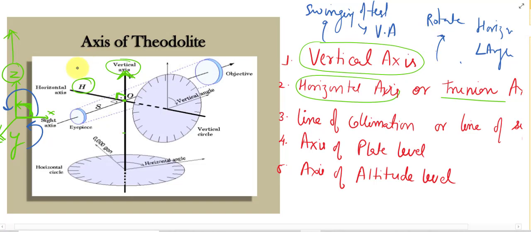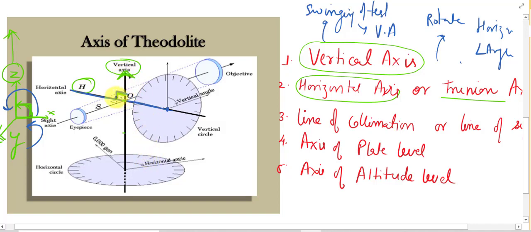Your horizontal axis should be such that the center of the vertical circle and the center of your telescope intersect, so that it generates 90 degrees to your vertical axis.